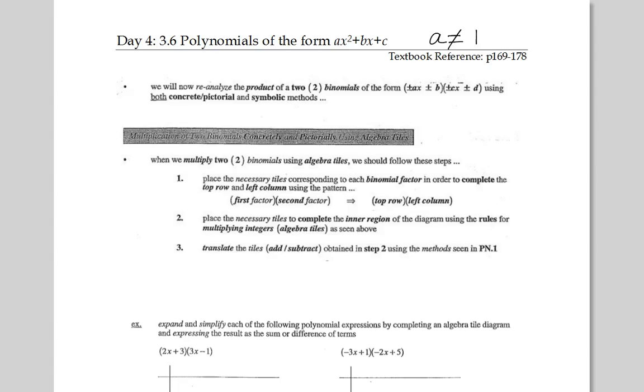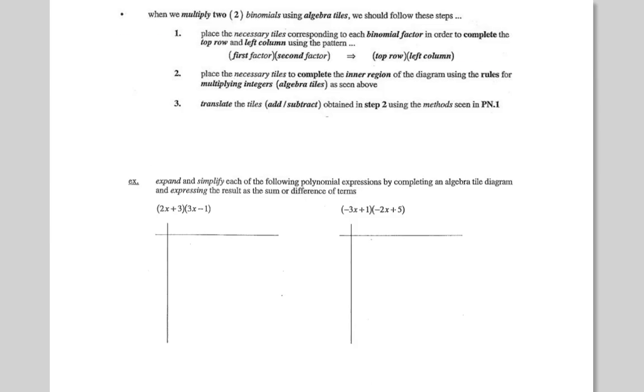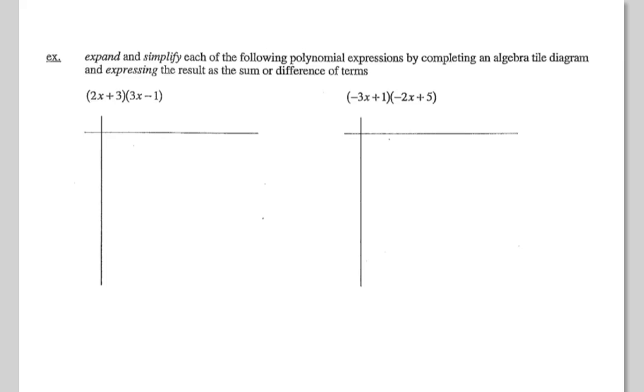So to do that, we're going to first look at the opposite operation, which is expanding. First, we're going to expand. All right, so the steps written above will explain what I'm about to do here. So you're going to take each factor and express them as a length by a width.